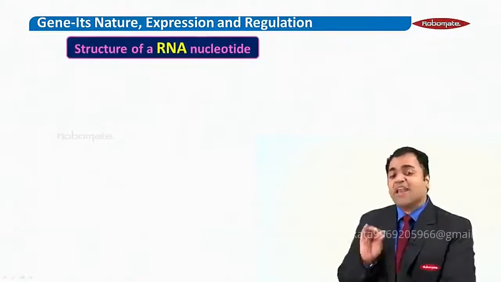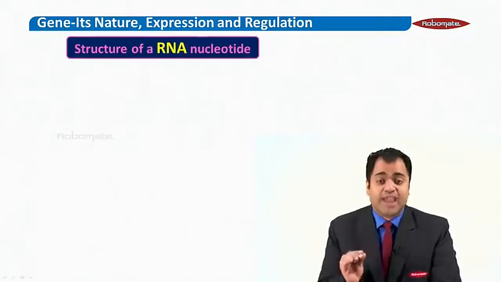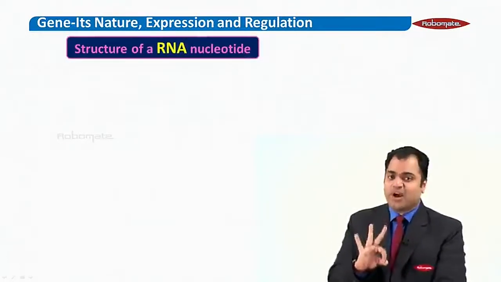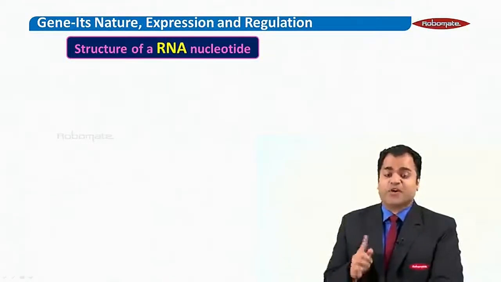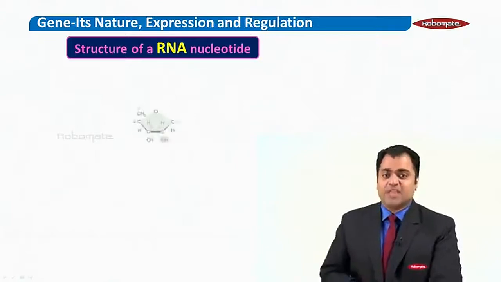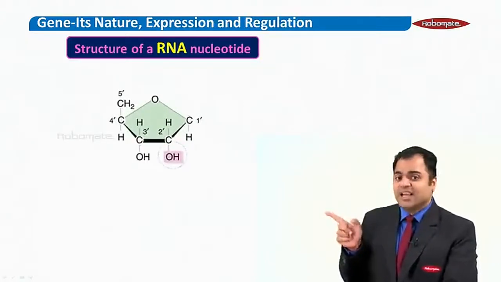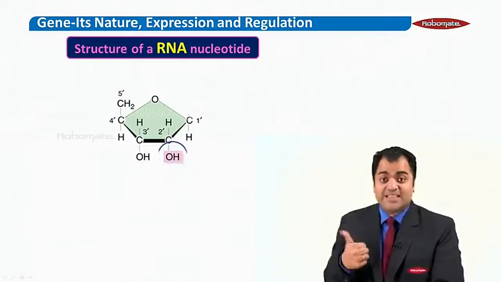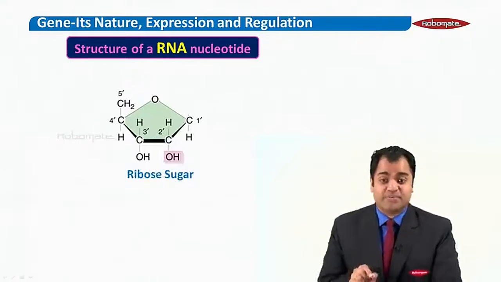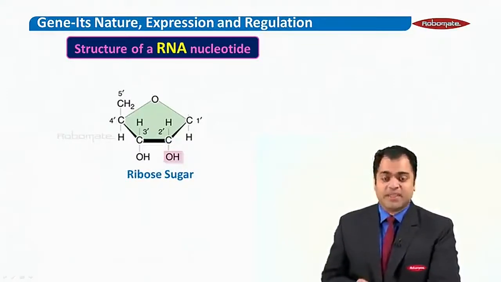Now, if I look at an RNA nucleotide, a typical RNA nucleotide will also have three components. Let us revise those three components just like we did for the DNA nucleotide. Starting with this first component here. What do you think this is? Look carefully at that OH group. And now you know this is ribose sugar because it has the OH instead of the H at the second position. Is that okay?